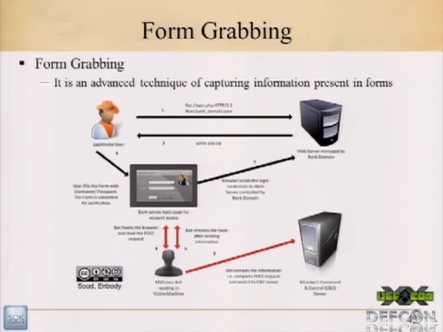In form grabbing, whenever you submit anything, like your credentials, social security number, account number, or credit card numbers, and you try to submit the information back to the server, the bot actually hooks that information. That's why the technique is known as form grabbing.